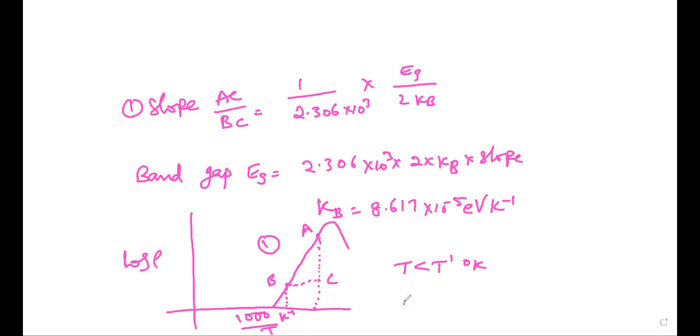For T greater than T dash, the conduction is due to electrons transferred to the conduction band and corresponding holes created in the valence band. This is the intrinsic region.